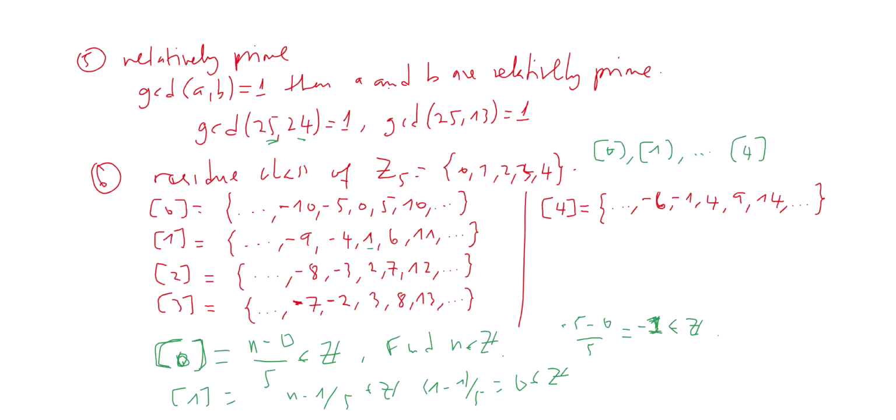And so you see that if we take, for instance, this residue class, we can create the whole set Z if we just take residue class 0, union 1, union 2, up to union 4. It will create the whole set Z, the number system Z, for us.